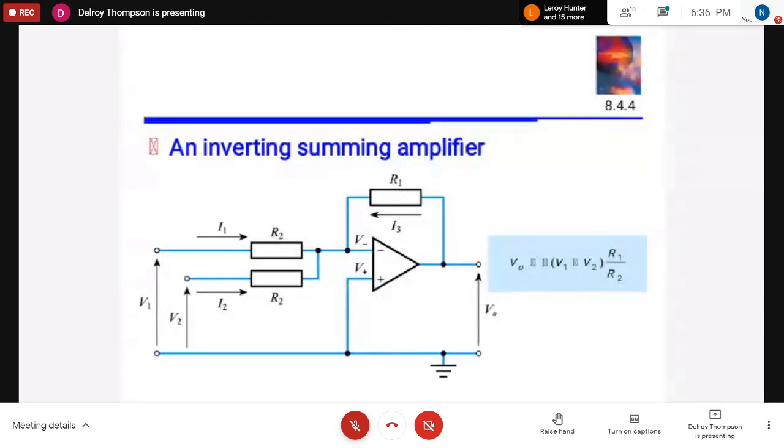Now, based on that, if we look at the circuit, we're applying an input V1. For your ease of understanding, I want you to change some of the labels so that it becomes easy to follow. Let the resistor on V1 be R1, and let the feedback resistor be RF.